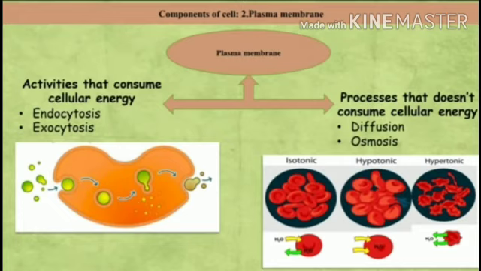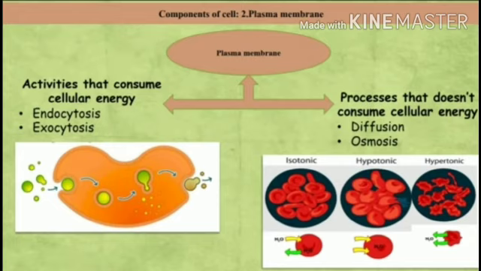Now let's see the processes that don't consume cellular energy. Here also there are two processes, that is diffusion and osmosis. Now in diffusion, that means entry or exit of small molecules like O2, CO2, the cell doesn't consume energy.